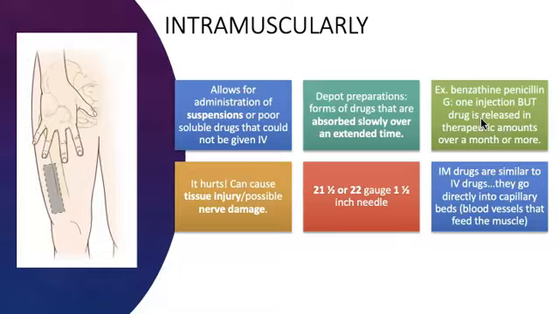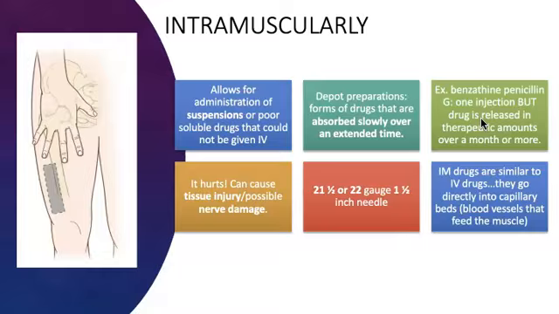Some of the complications with giving these kinds of medications: you potentially can cause a lot of pain for the patient. Those IM injections can be painful. Also, it can cause some tissue injury or potentially some nerve damage. So make sure that you're giving these medications in the correct place and with the correct technique.